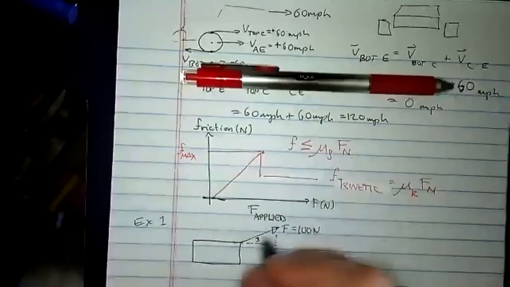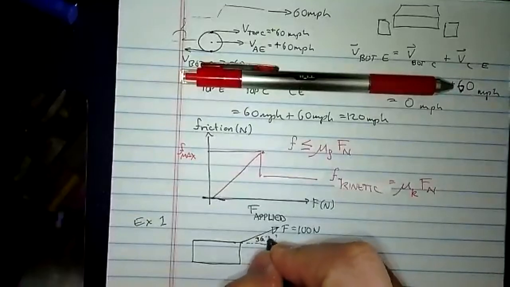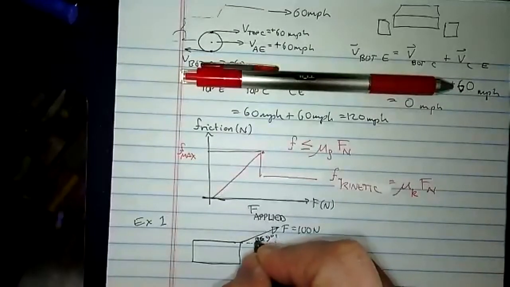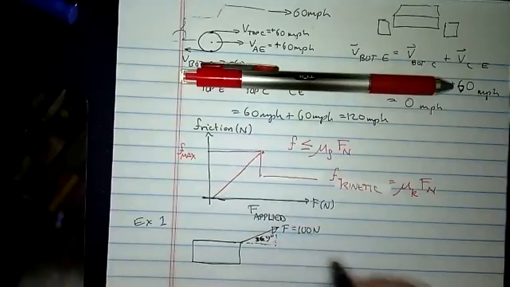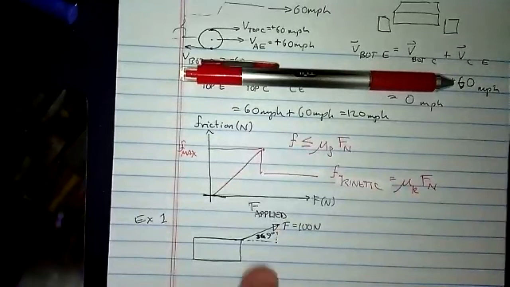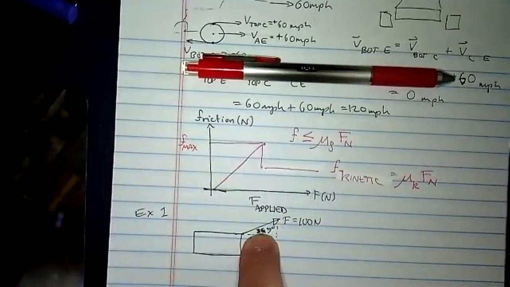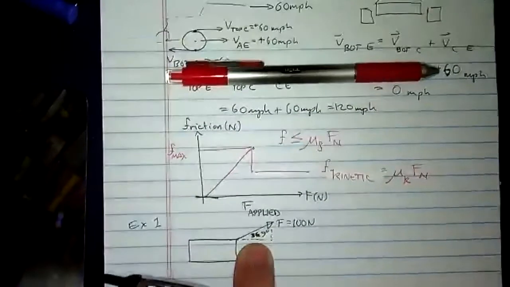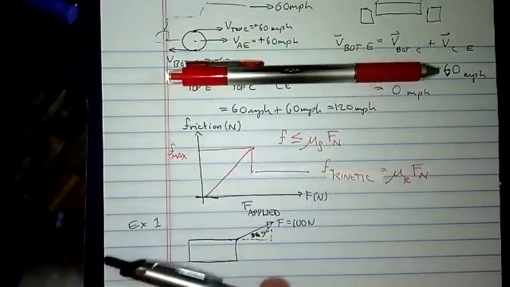Yes, 36.9 degrees it is. I'm really good at keeping numbers in my head, but for some reason, this one doesn't stick in my brain very well. So it says 36.9. I know you probably can't read that with this great video or recording.